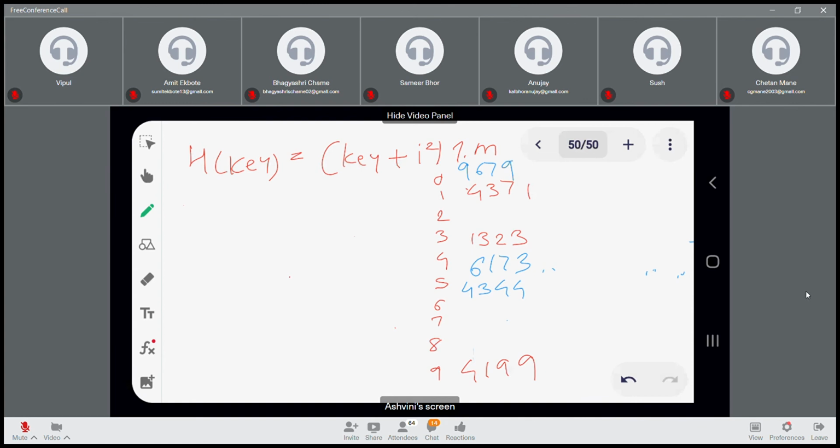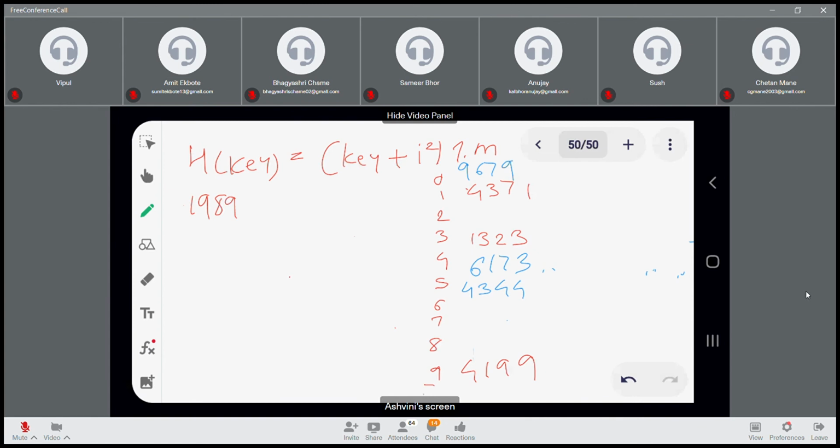What is the next number? 1989. So again collision occurs here because ninth index is not empty.